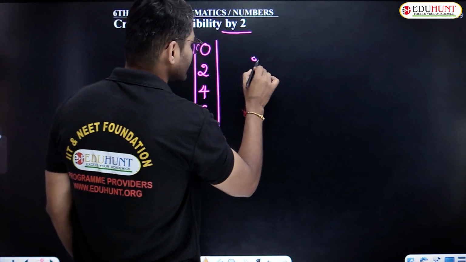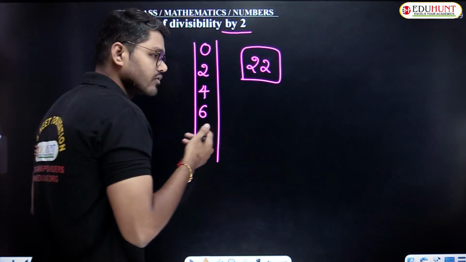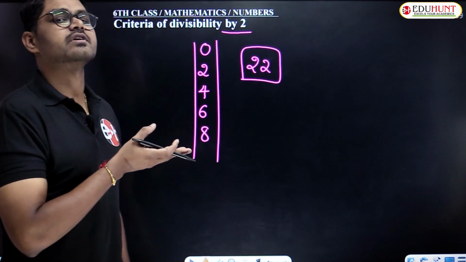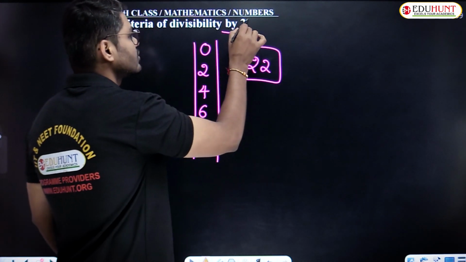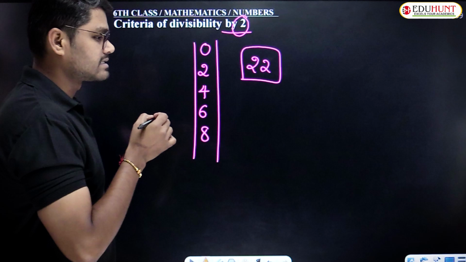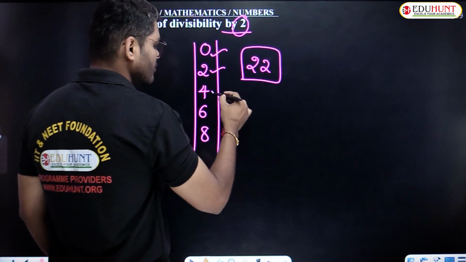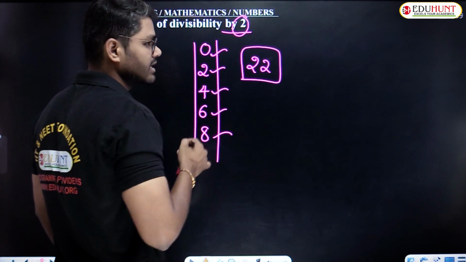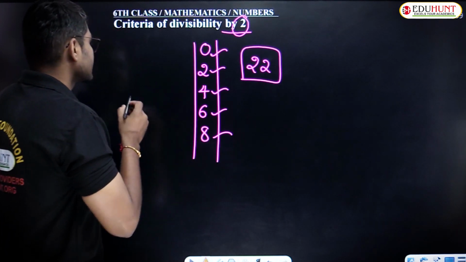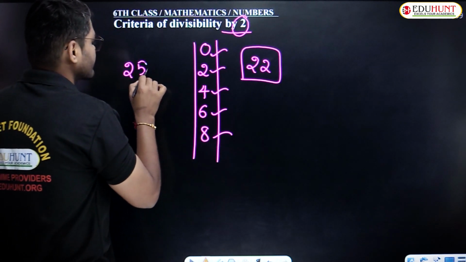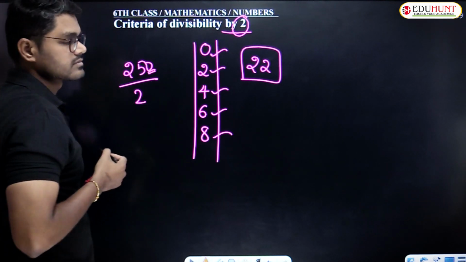If I give you 22, is it divisible by 2? Yes. Why? I know the divisibility rule of 2. What is the divisibility rule of 2? If a number ends with any of these digits 0, 2, 4, 6, 8, that number is divisible by 2. For example, if I give you 250, is it divisible by 2? Yes. Why? 0 is there.